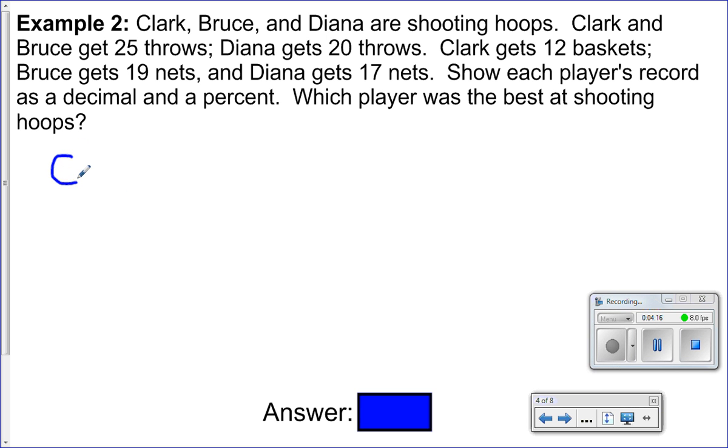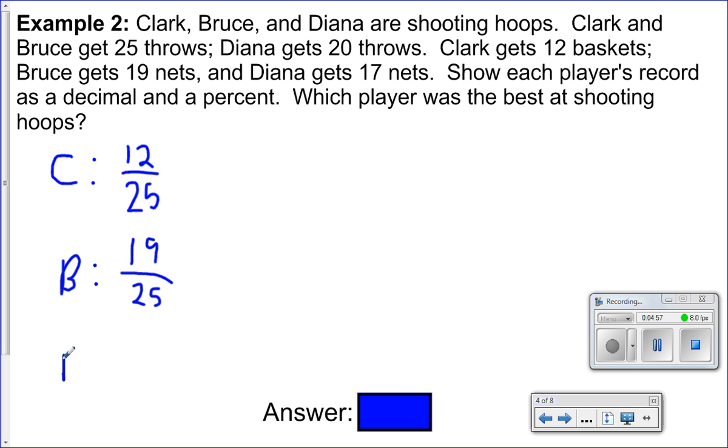So Clark got 12 baskets and 25 throws. Okay, Bruce got 19 out of 25.